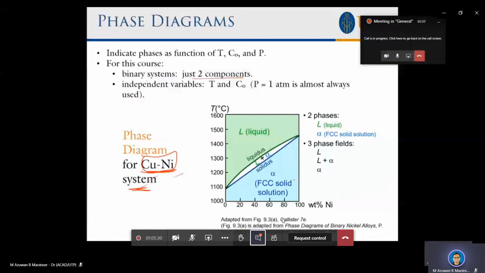Now the question is, we want to know the number and types of phases that are present. It's not very difficult.